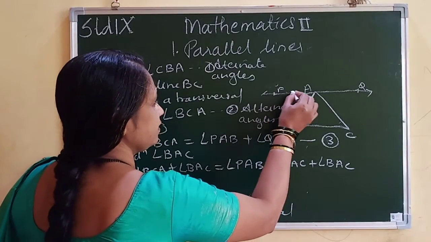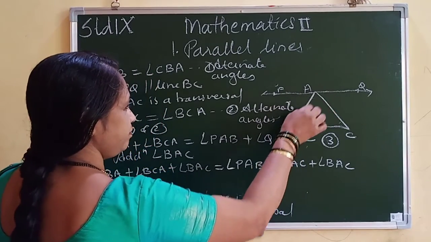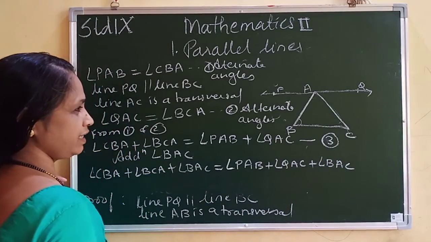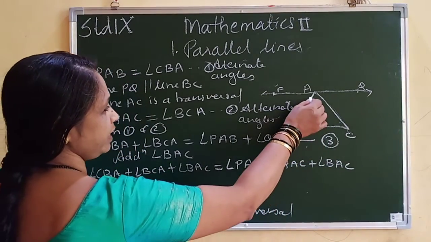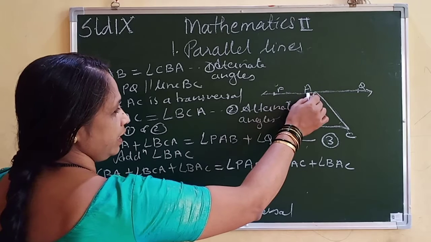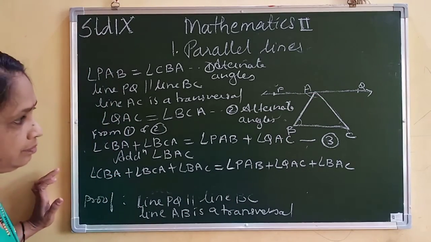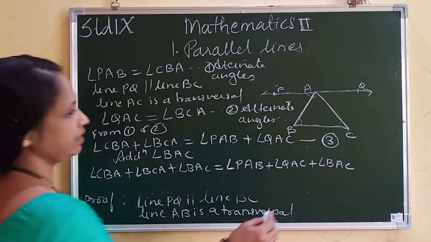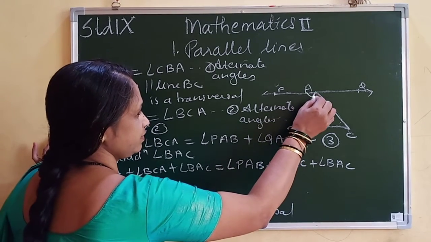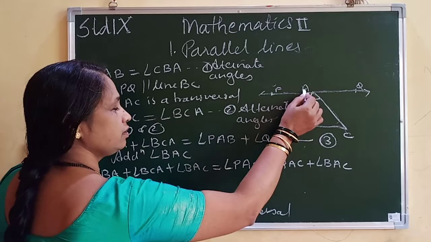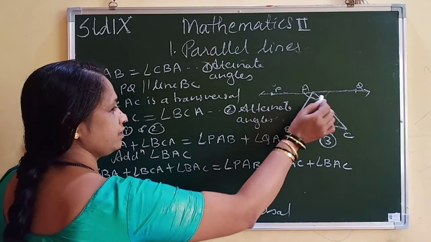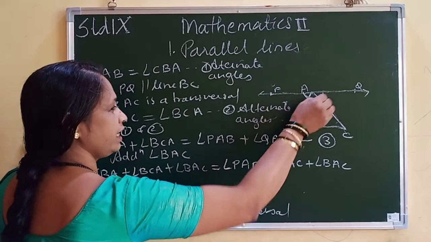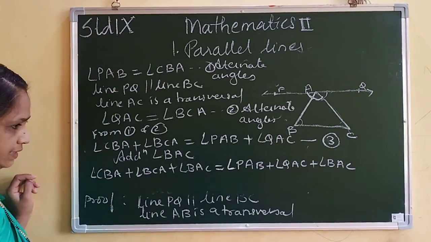Now which angle can this be? It will be angle PAC, the complete angle. The sum of all these three angles, this angle is made of this and this. So what we have to do is write here.